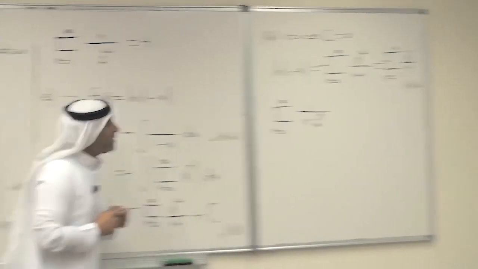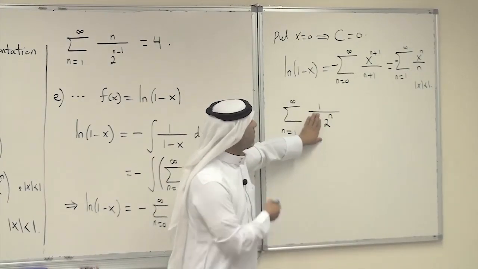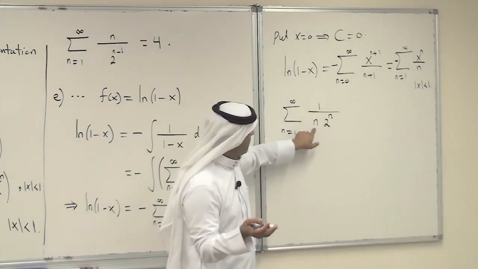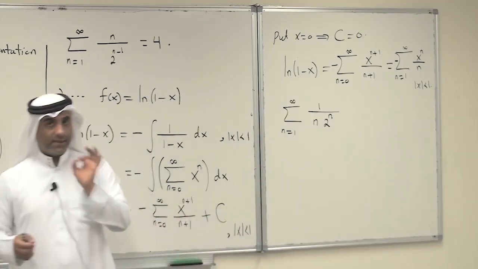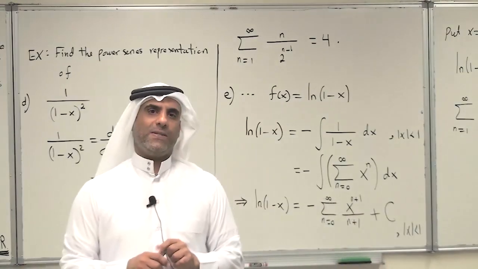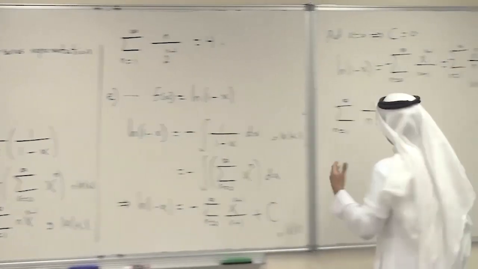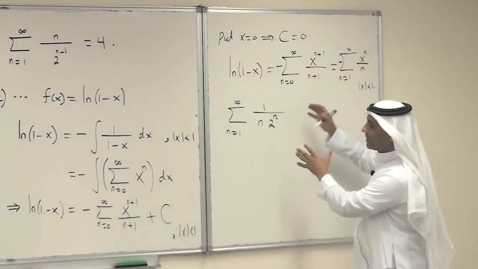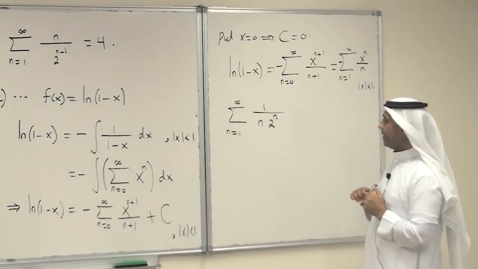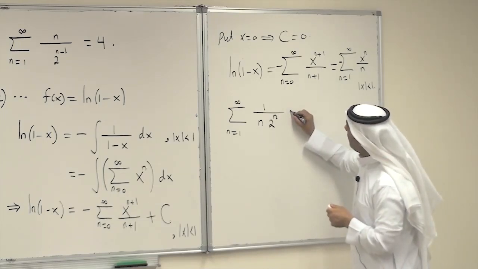This is a very interesting series. If this n is missing, that is straightforward. This is a geometric series. But since n is appearing here, is it possible to find the exact sum of this series? By the routine work we did before, it's not possible. But now, after discussing the representation of functions by power series, we can look at this as a special case of our result here.